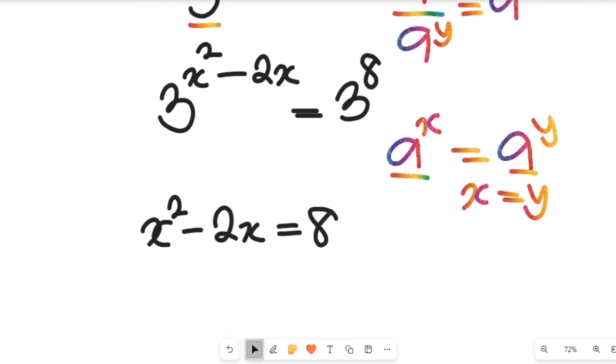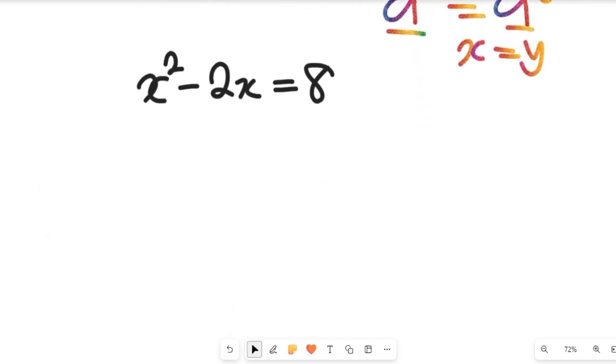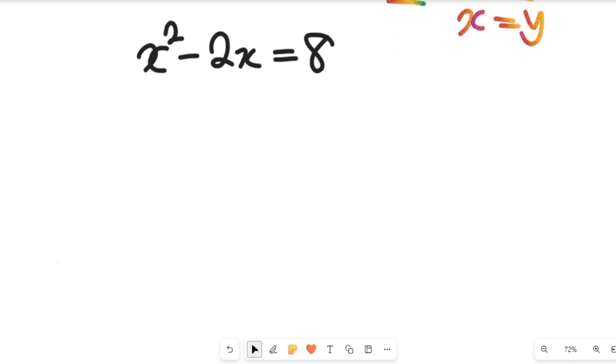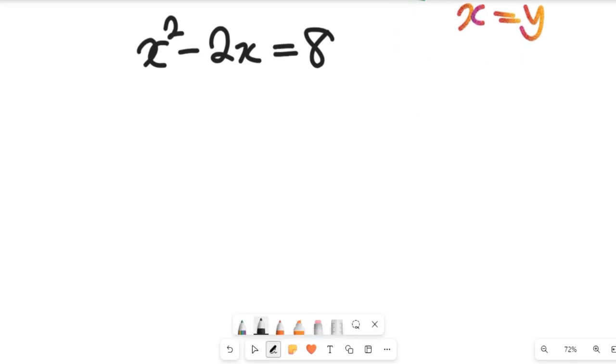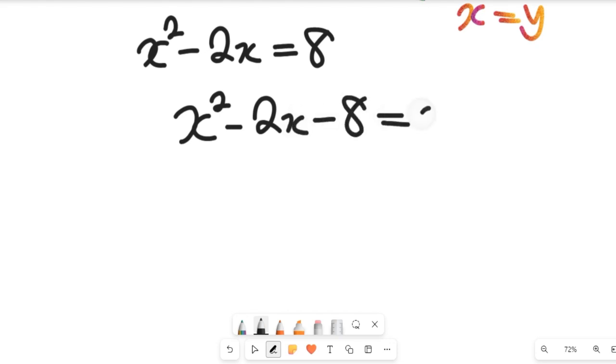Now if we bring that value of 8 to the left hand side, you come to see that we'll have a unique quadratic equation. Now let's subtract 8 from both sides. So we'll have x squared minus 2x minus 8, and this will be equal to 0 because 8 minus 8 is equal to 0. So we've come to having a quadratic equation.